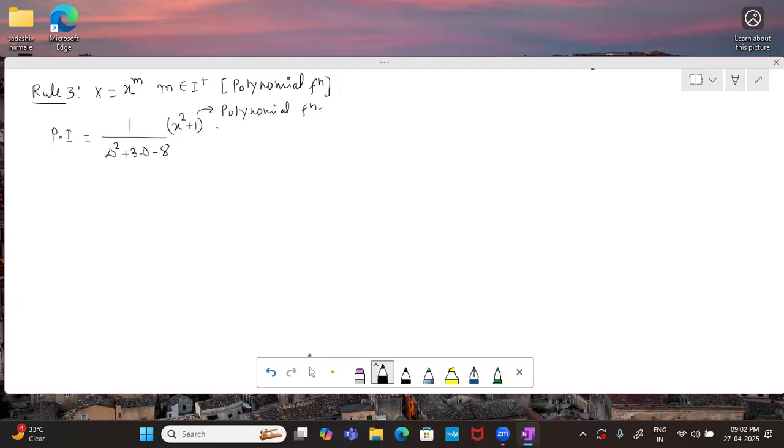So the first step to find the PI, now we'll see the working rule directly.